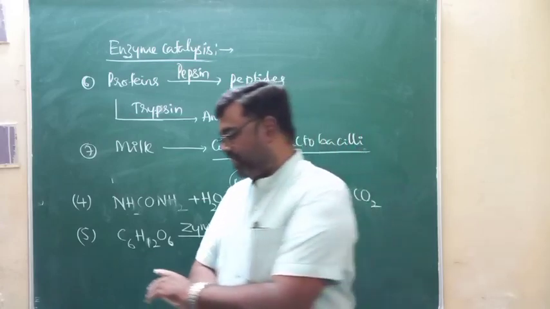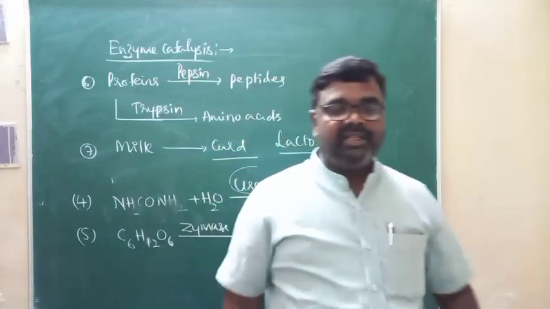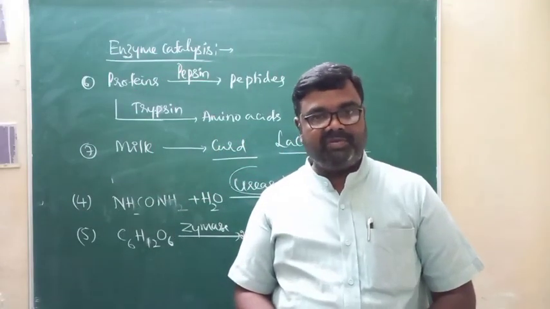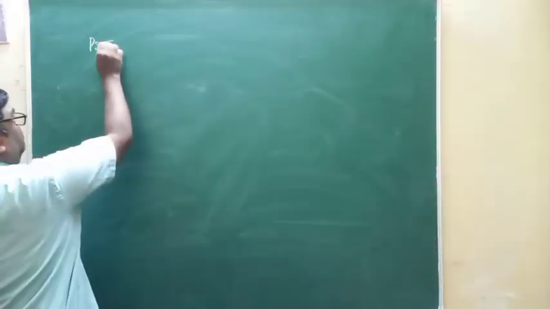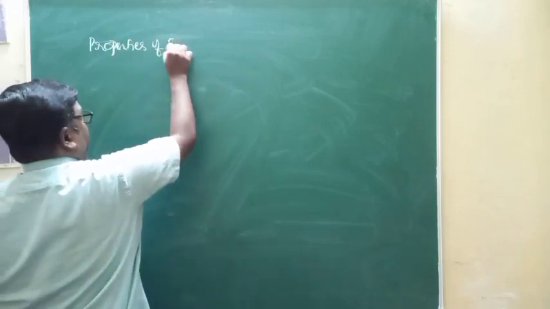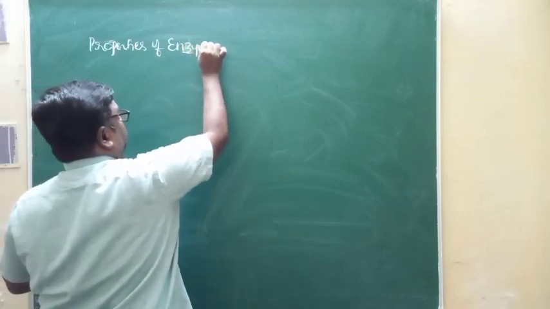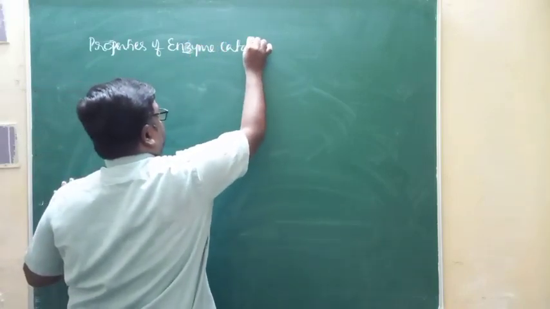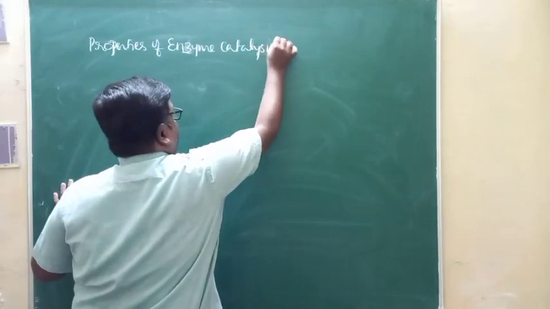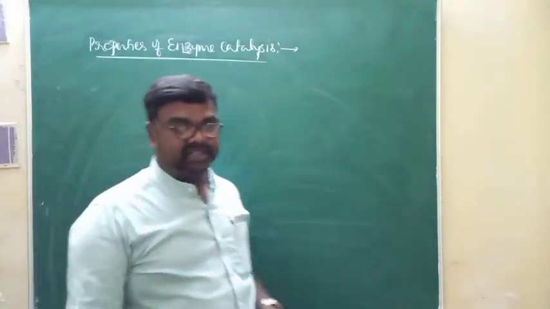Now at this moment, according to your NCERT textbook, we are supposed to discuss the properties of enzyme catalysis. This is one more discussion in your NCERT textbook under catalysis.